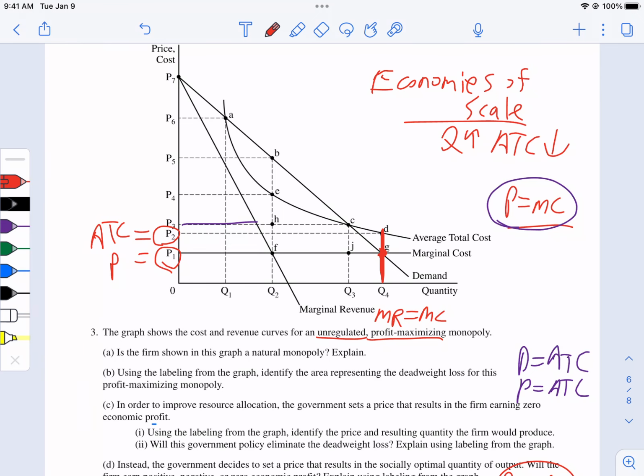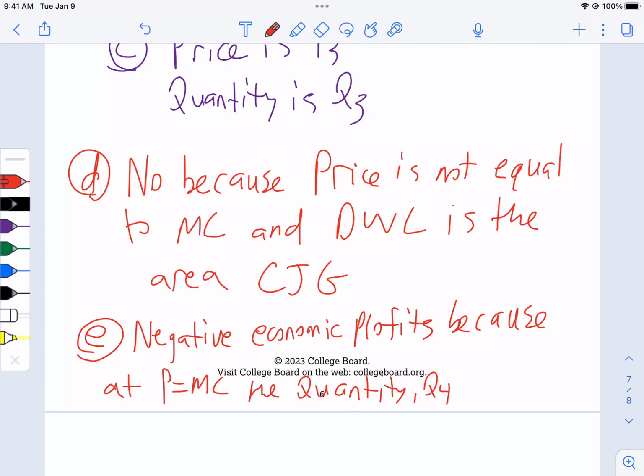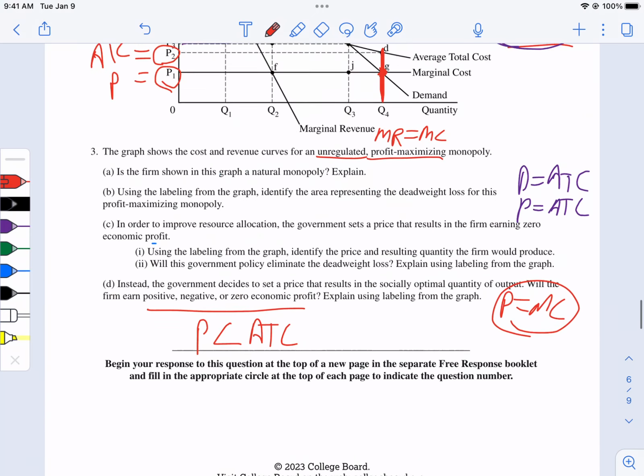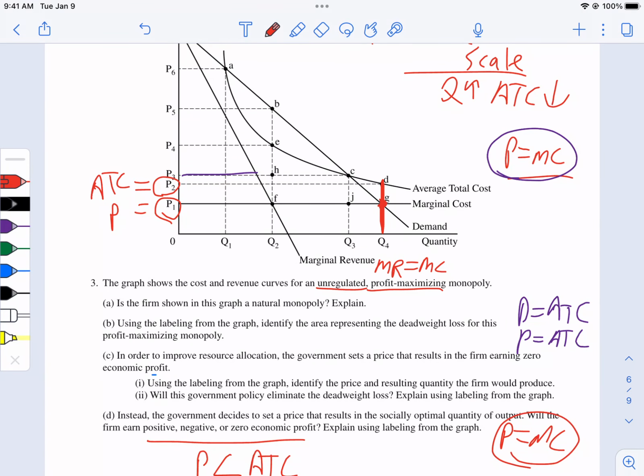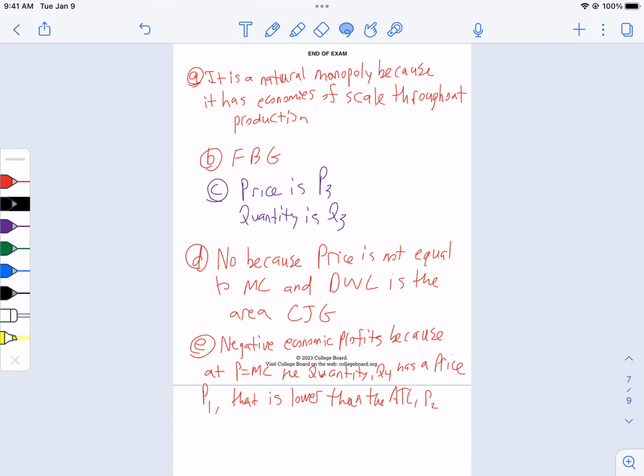At the quantity Q4, the price is P1, which is less than P2. The quantity Q4 has a price P1 that is lower than the ATC P2. Okay, so P2 is more than P1. So I would say something like that for the answer there.